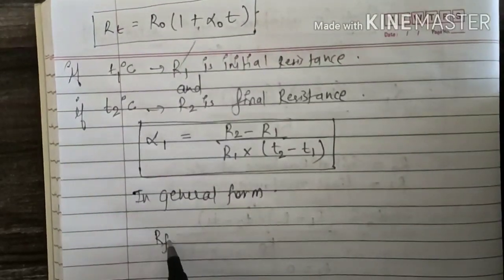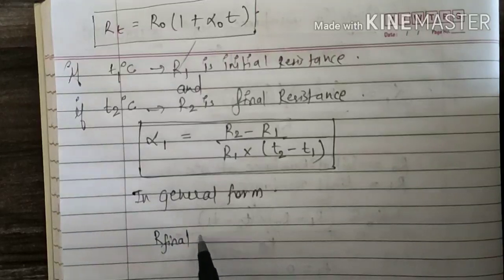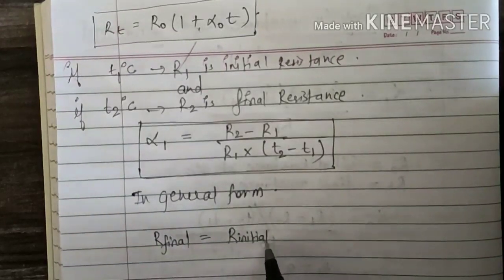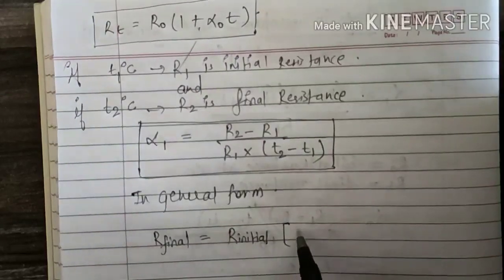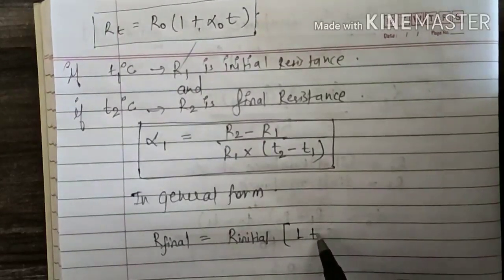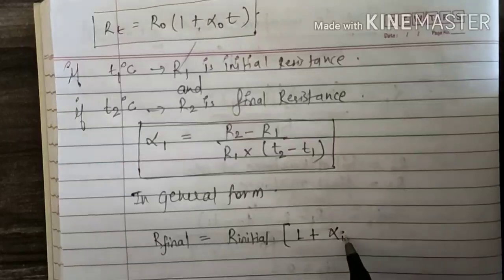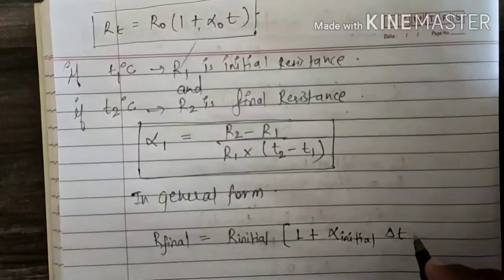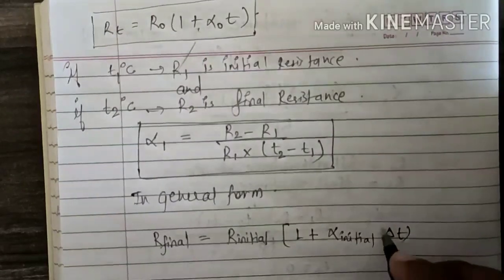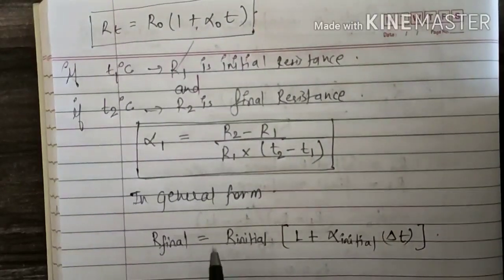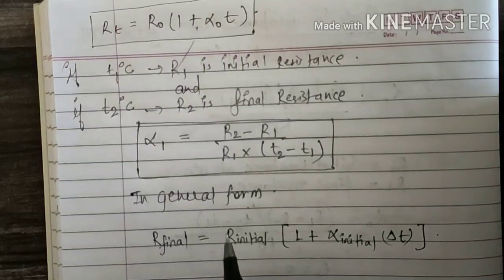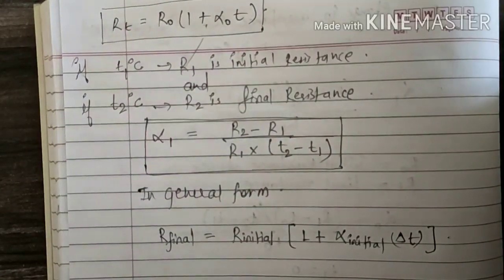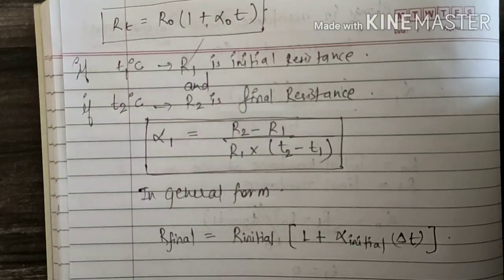R final is equal to R initial times bracket 1 plus alpha initial into delta change. This is how the general form of our equation is represented. You can remember this formula also.